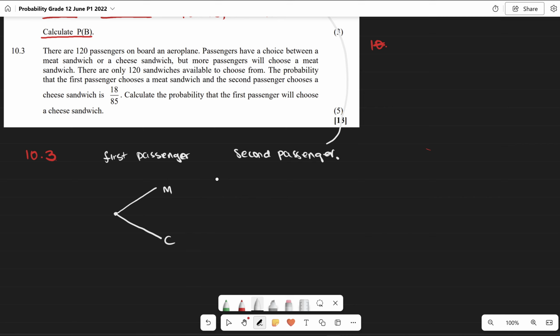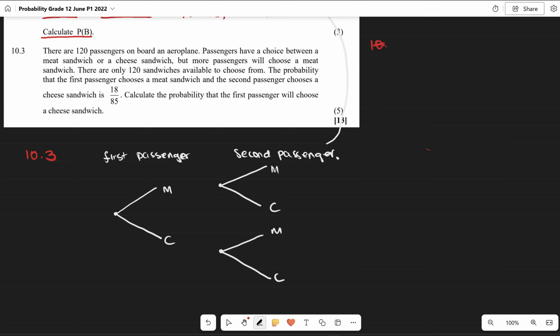Depending on that, if the first passenger chooses the meat sandwich, then the second passenger also has those same options: either meat, or they can choose cheese. The same thing applies on this side. The second passenger can have either the meat sandwich or the cheese sandwich.